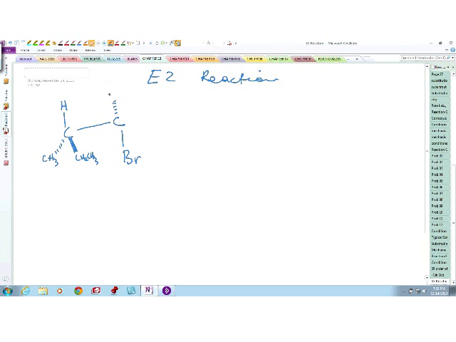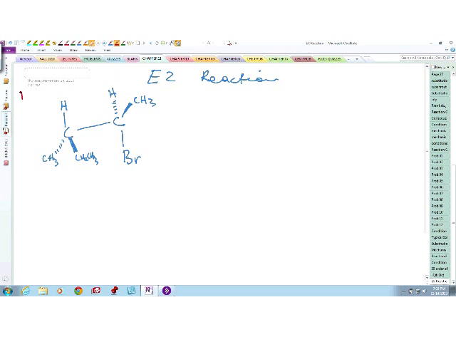And here, look at the relationship between this hydrogen here and this leaving group.